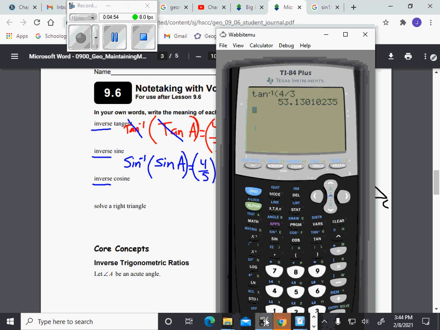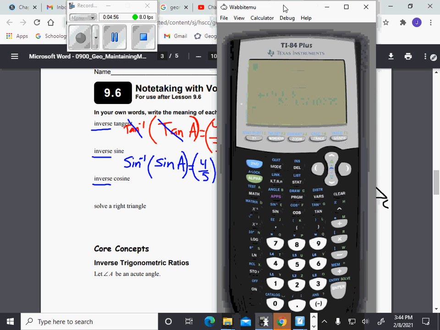Just an example of what that inverse sine looks like, or inverse cosine, inverse tangent, whatever it may be. If I took the sine inverse of the sine of 10, those sine inverse and sine should cancel out. We should end up with 10 here. Those just cancel out. We end up with 10.